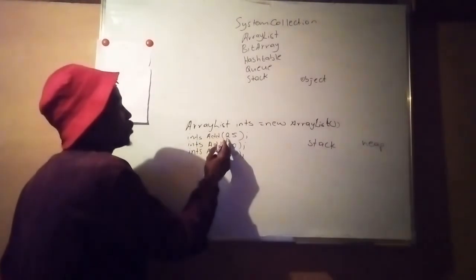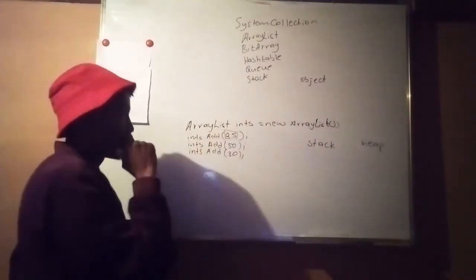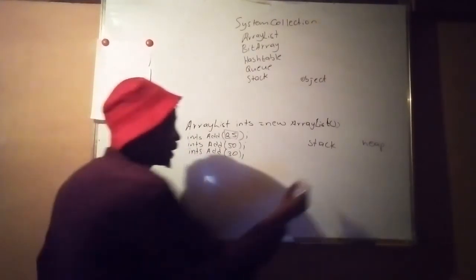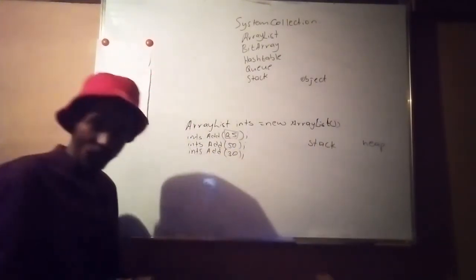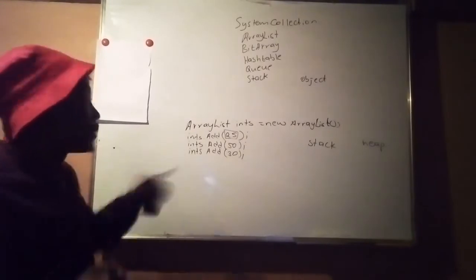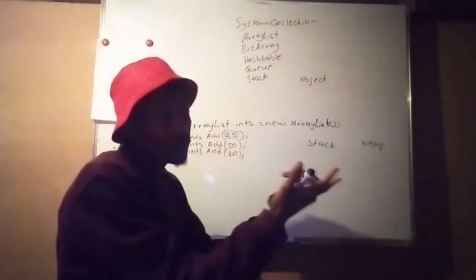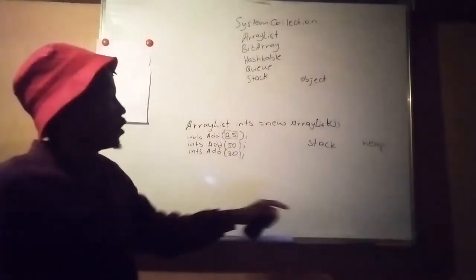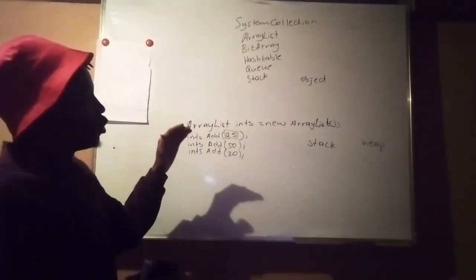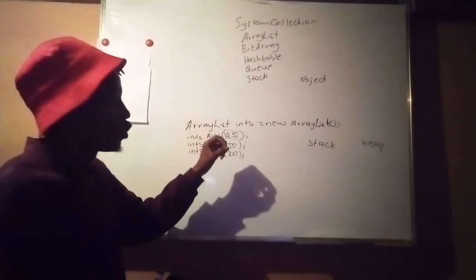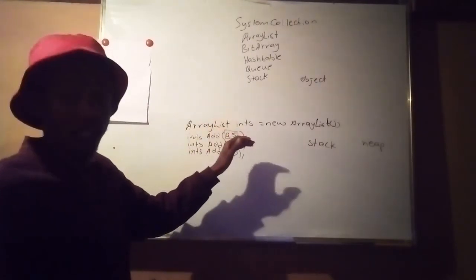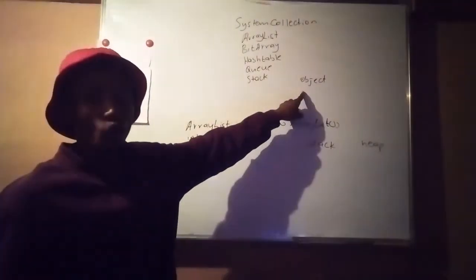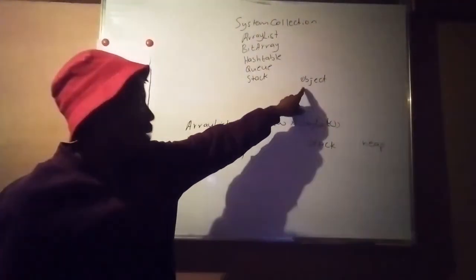So what is going to happen is that when you add this, memory is going to be allocated on the stack memory. But then, because this array list looks at everything as an object, it's going to create a reference on the heap memory where it's going to store a data type of type object.